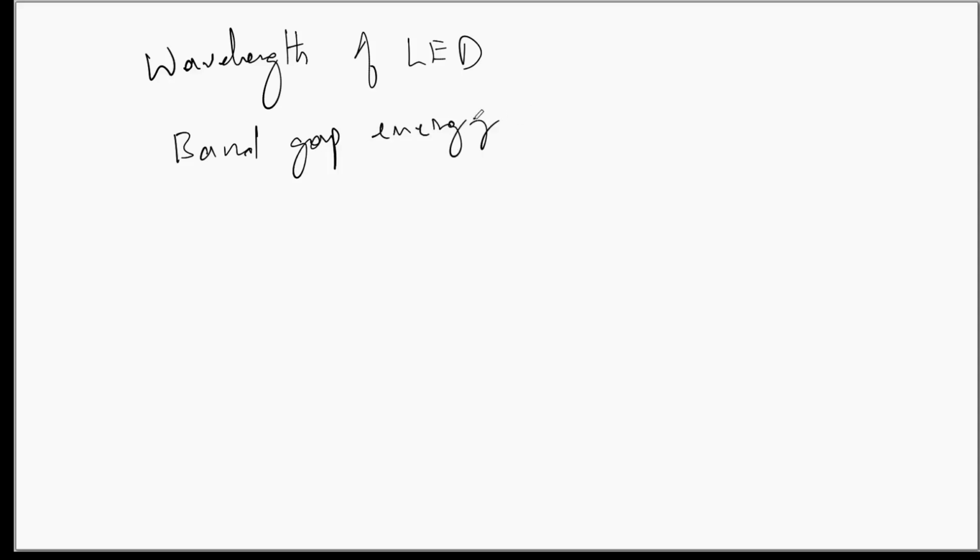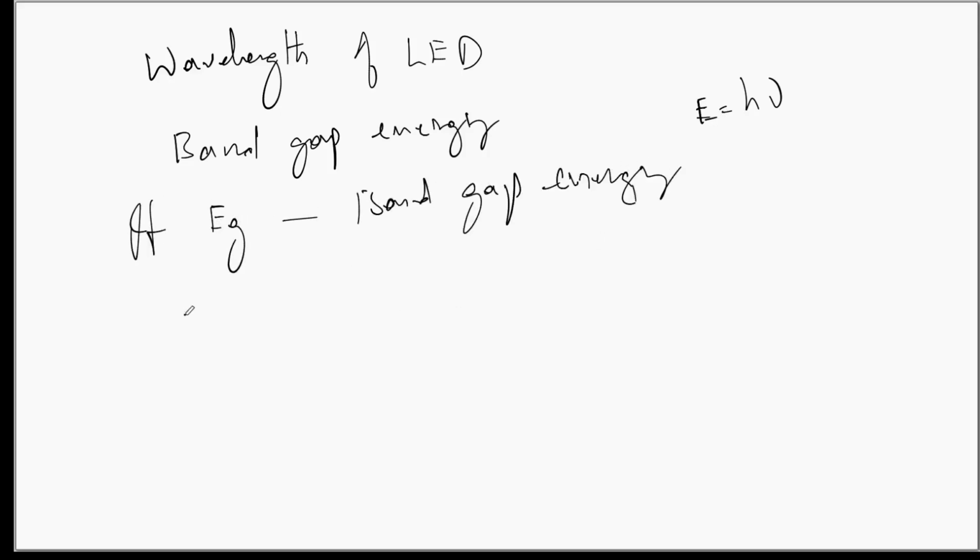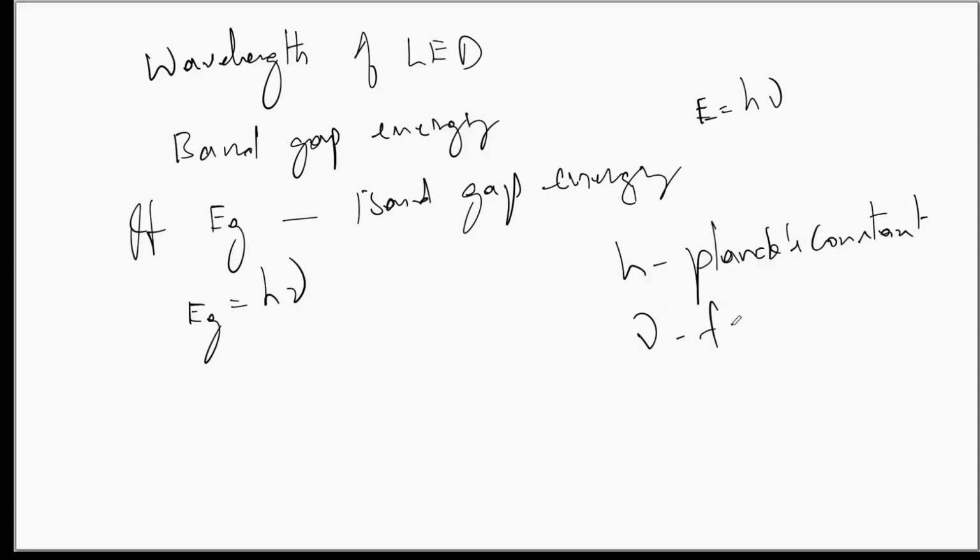To find the wavelength of the LED, we need to know the band gap energy, because the energy of the emitted photon will be approximately equal to the band gap energy. We know that E is equal to h nu. If Eg is the band gap energy, then we can write Eg is equal to h nu, where h is the Planck's constant, nu is frequency of the radiation emitted light.